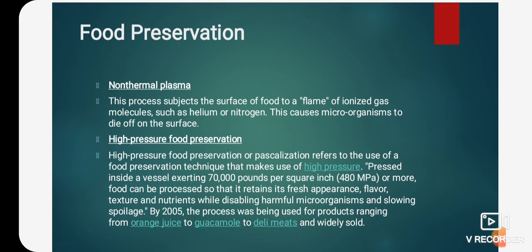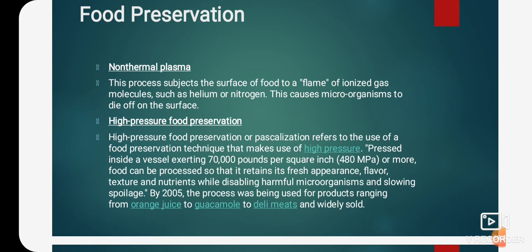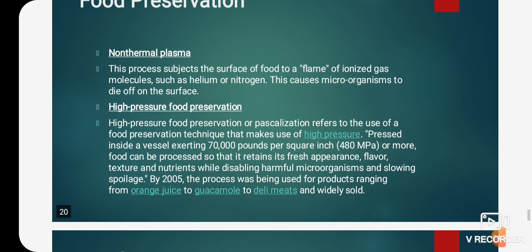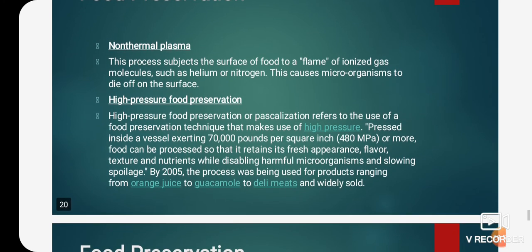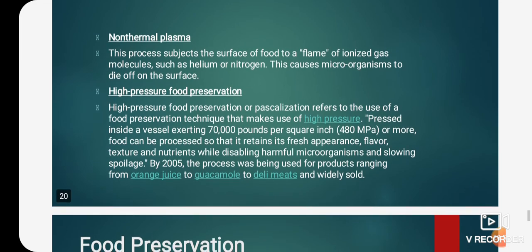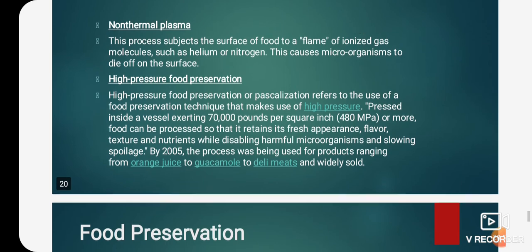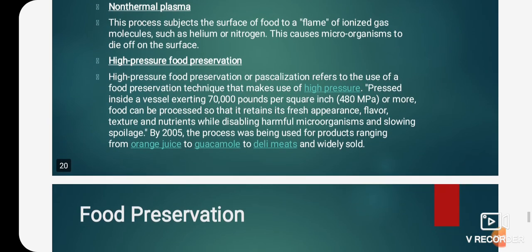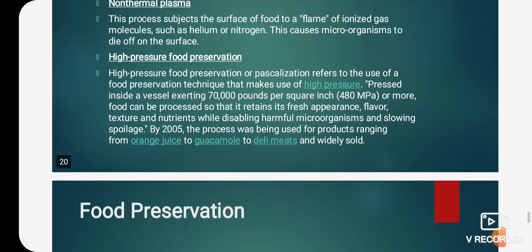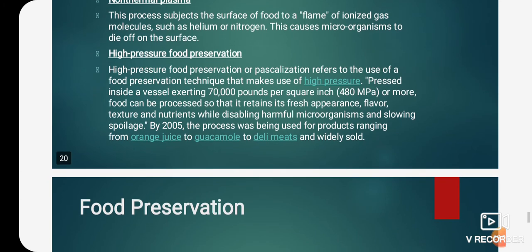High pressure food preservation, or pascalization, refers to a food preservation technique that makes use of high pressure inside a vessel exerting 70,000 pounds per square inch, 480 MPa or more.